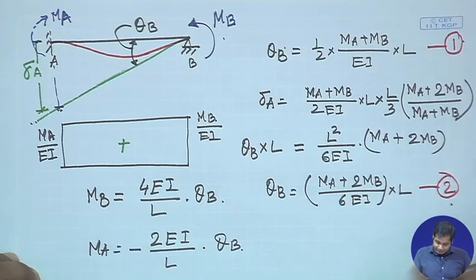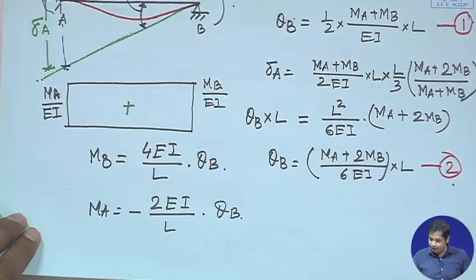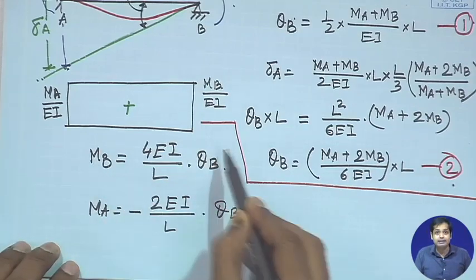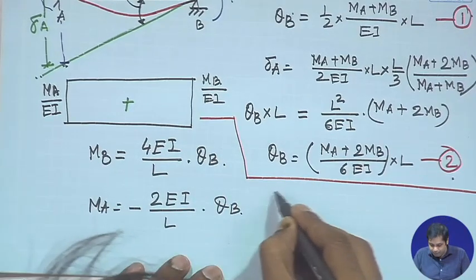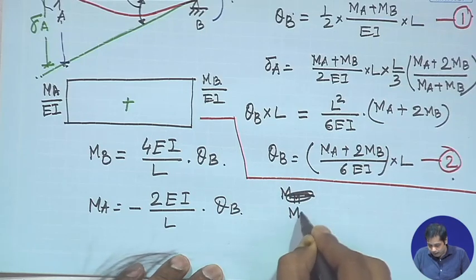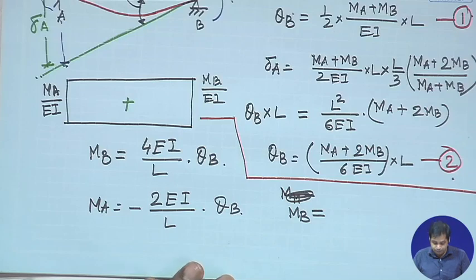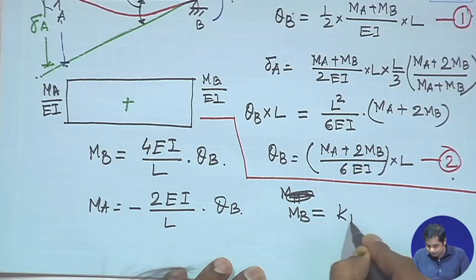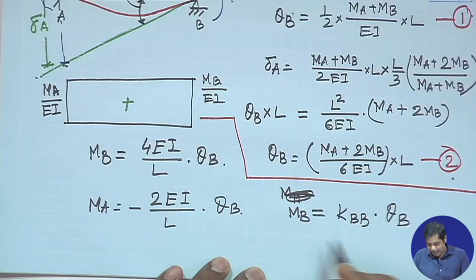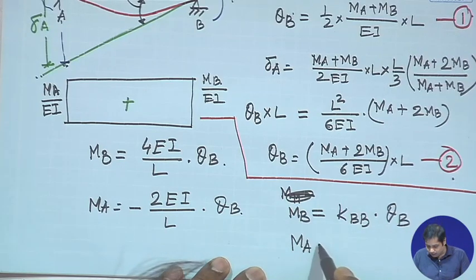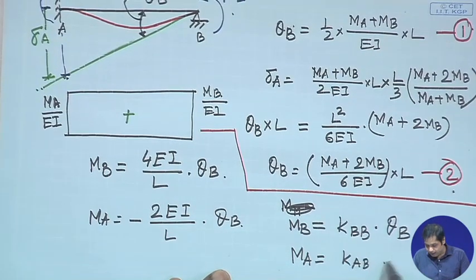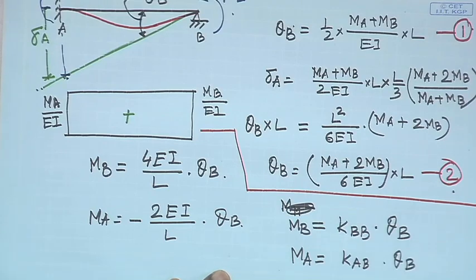Now, let us write this in a different form. Let us write MB is equal to KBB into theta B, and MA is equal to KAB into theta B.